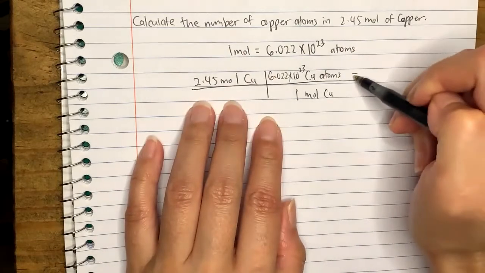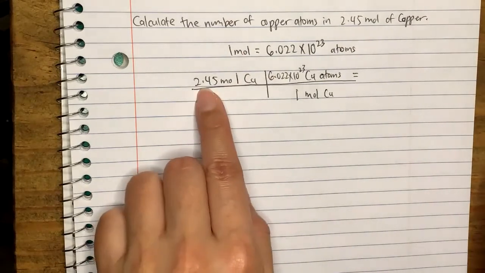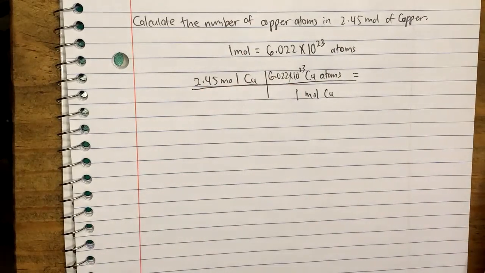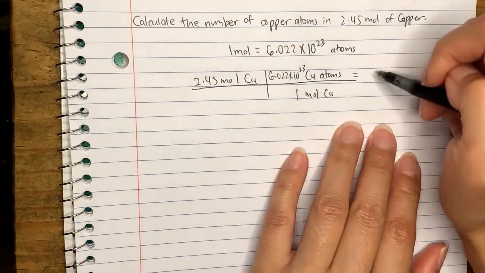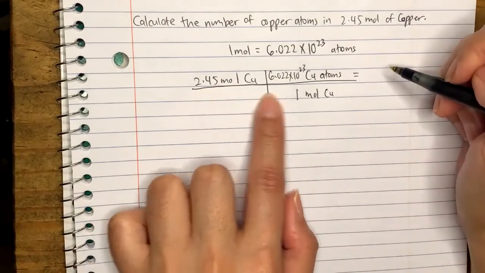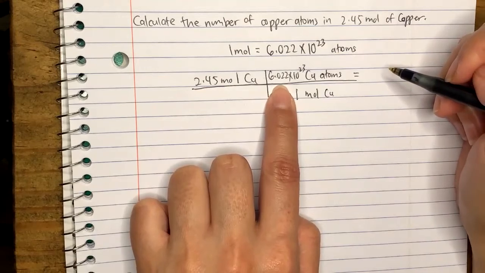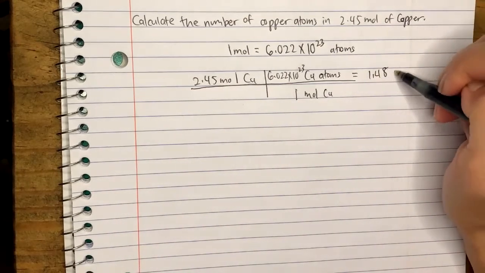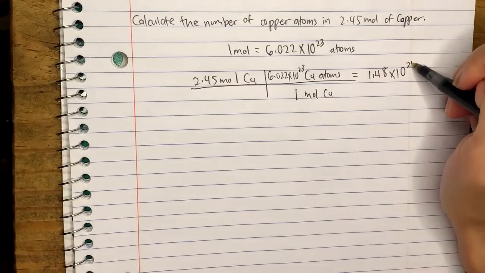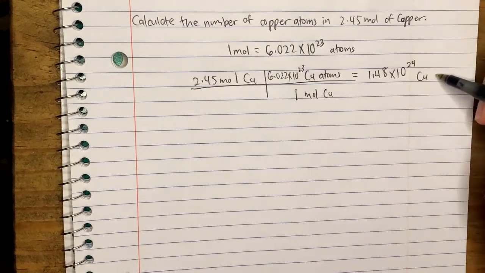So in the end, you really just take the moles times the Avogadro's number, and you'll get your answer for your atoms. In this case, my answer will be in 3 sig figs because this one has 4, this one has 3. I'll keep 3 sig figs, so 1.48 times 10 to the power 24 copper atoms.